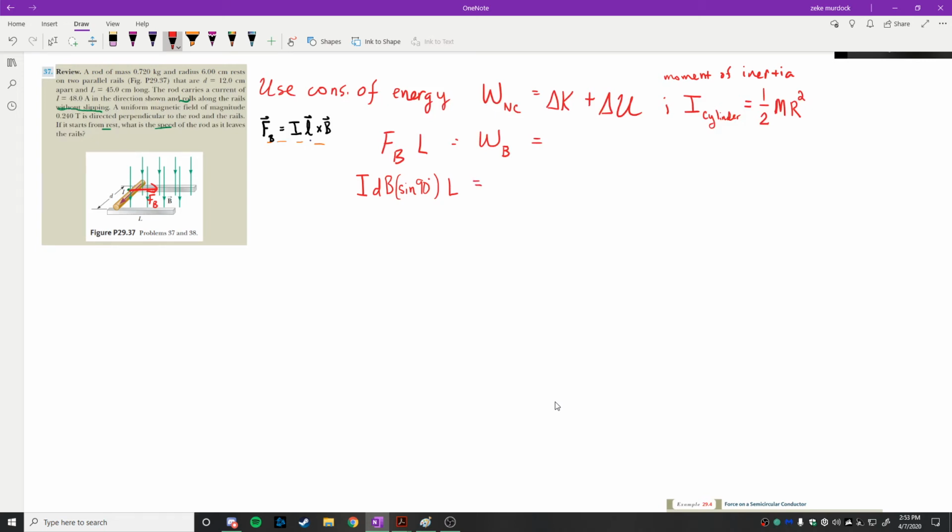Okay, what about the right-hand side? What do I need to write down for the right-hand side of this equation? Is there any change in potential energy? Are there any springs? Does it go uphill or downhill? Yeah, so this part's 0. There's no potential energy associated with the magnetic field. Kinetic energy, this object is rolling without slipping, right?